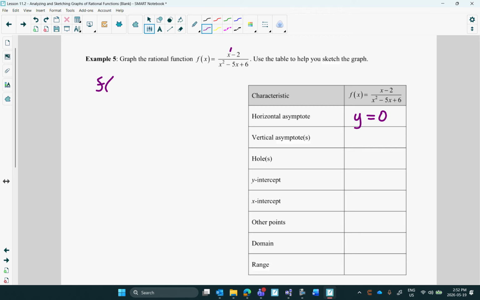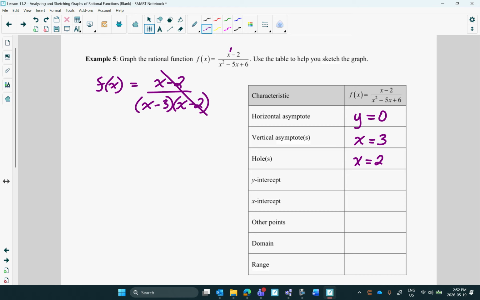Well, it looks like I can factor the bottom, like so. I can take these out, right? So there's a hole at x equals 2, and there's a vertical asymptote at x equals 3.